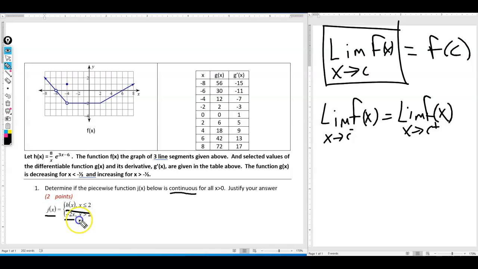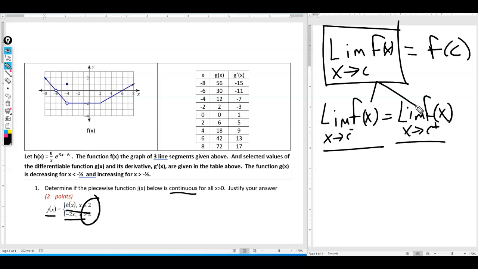Because we have two pieces in a piecewise function and they are joined at x equals 2. The question is, do those two pieces actually connect? In other words, is the limit from the left the same as the limit from the right? If those things are true, then the limit exists.